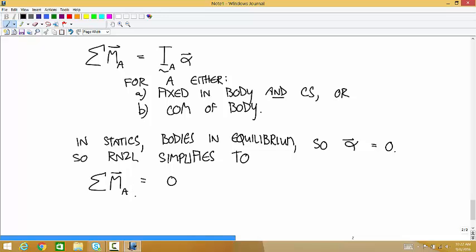But for these problems where we're in equilibrium, any point in the world is fixed in the body and in the coordinate system because the body isn't moving. And so this holds for any choice of A. That's a big relaxation of the rules from the real rotational equation.